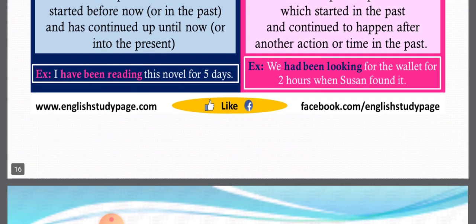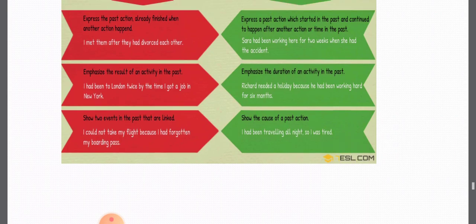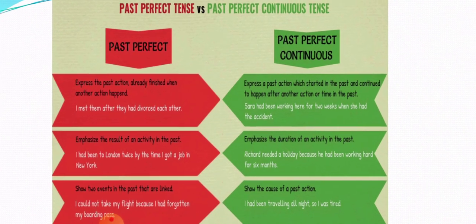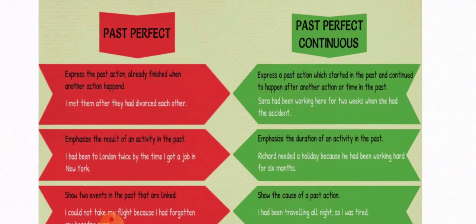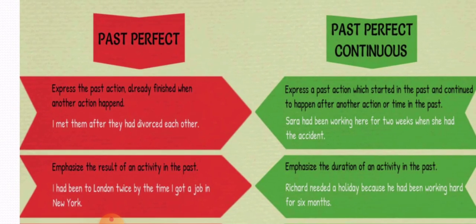Okay, now we'll go to the next comparative study of two tenses. Here past perfect and past perfect continuous. Now past perfect tense, see, expresses the past action already finished when another action happened. We know that past perfect has two actions, one before another.